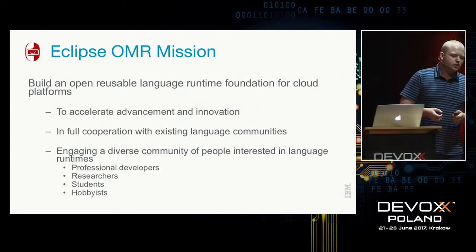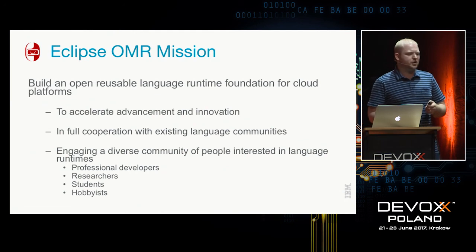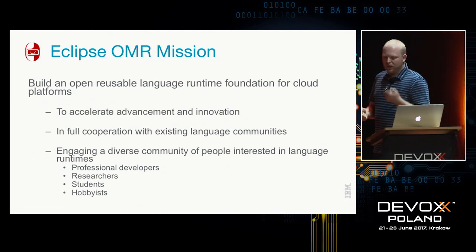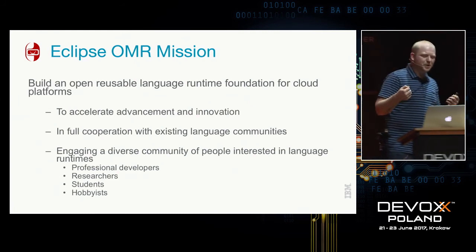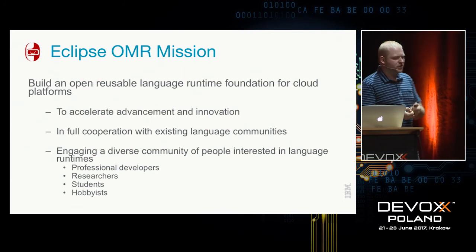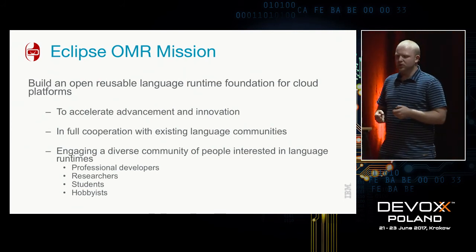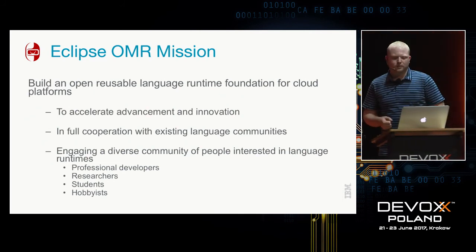Eclipse OMR aims to work with the language community that already exists. There's no benefit to splitting off on the side. So the OMR people, or us, we work with professionals, we work with hobbyists, we work with researchers, everyone out there, to create a better runtime using OMR.